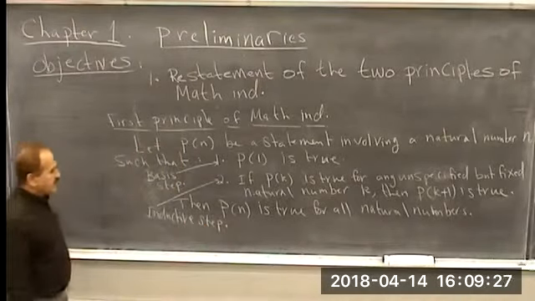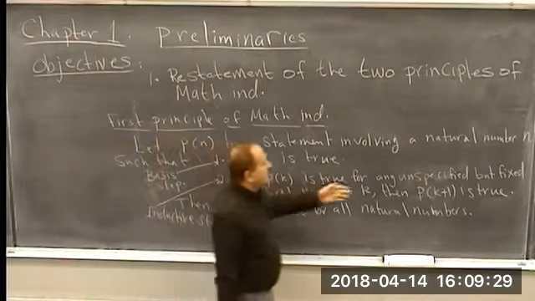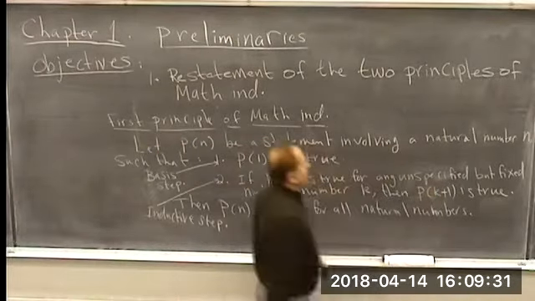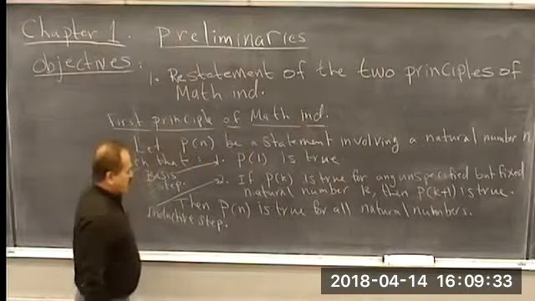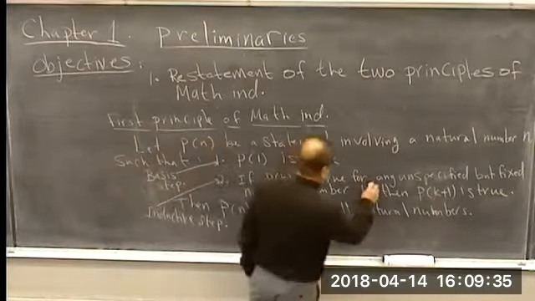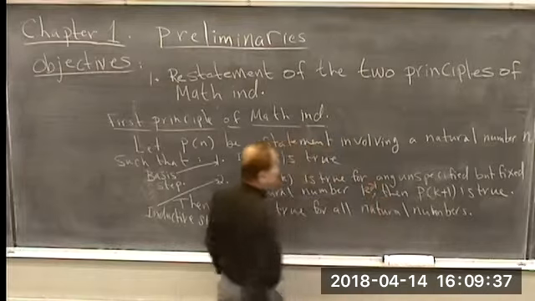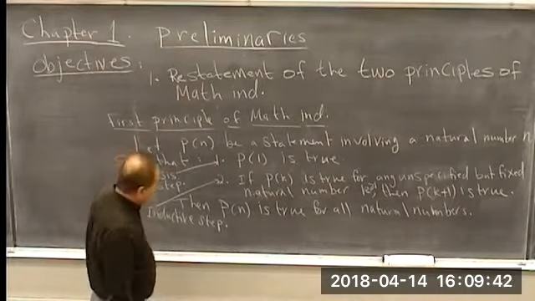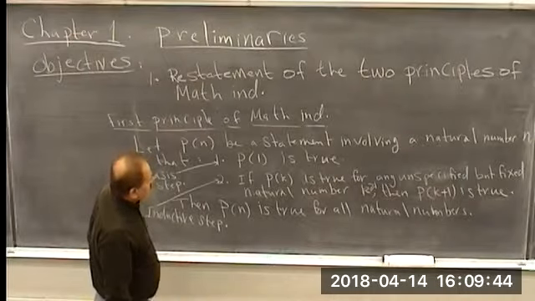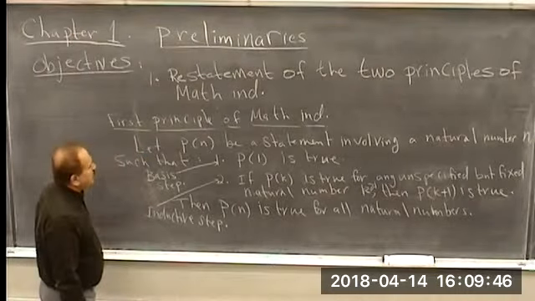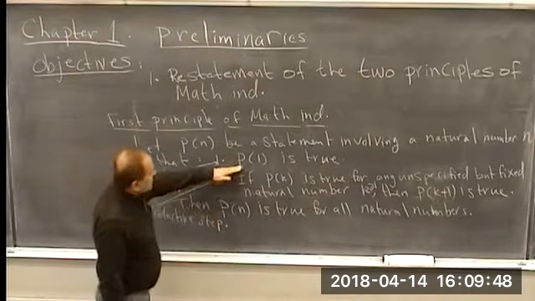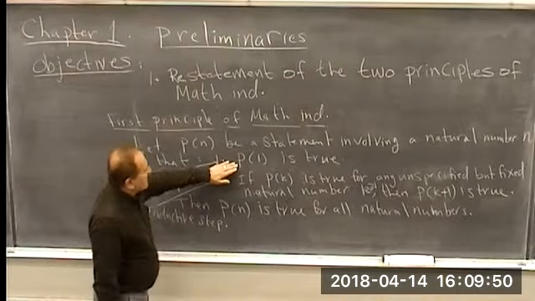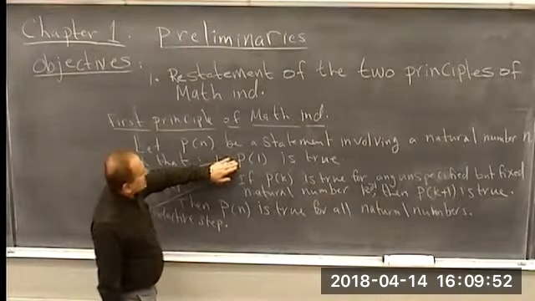So when we assume that the statement is true for some fixed natural number k, which is going to be bigger than or equal to 1, then we can show it's true for k plus 1.